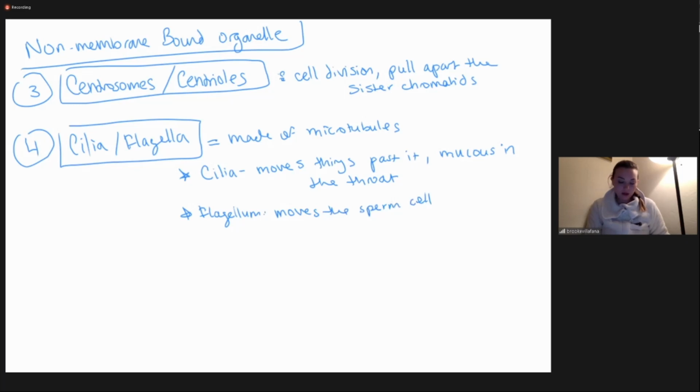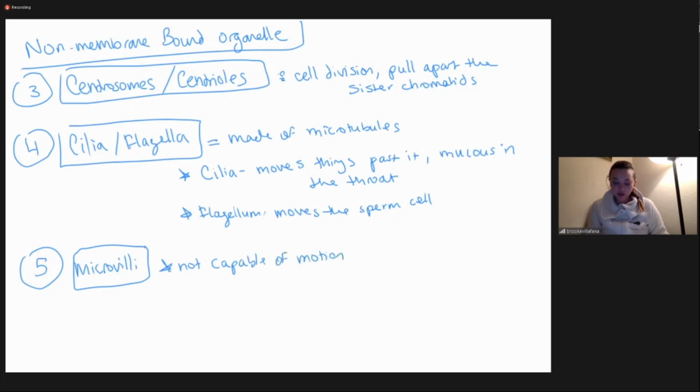And then our last non-membrane bound organelle is the microvilli. Microvilli are not capable of motion. Cilia and flagella can move: cilia move things past them, and flagella move the entire sperm cell. Microvilli are not capable of motion.